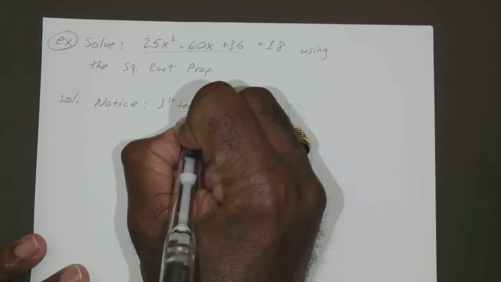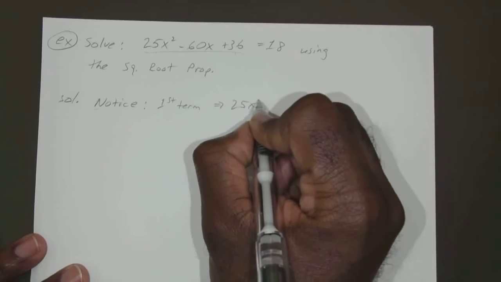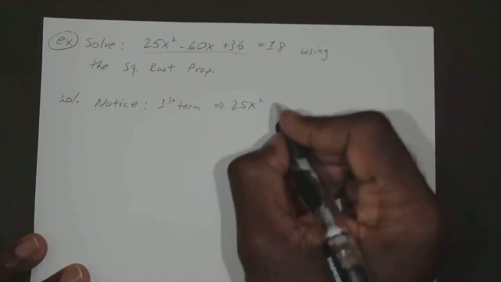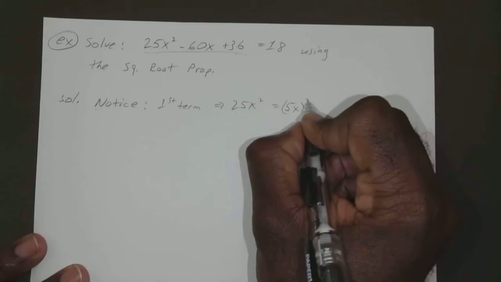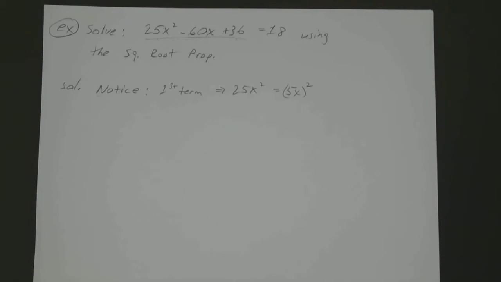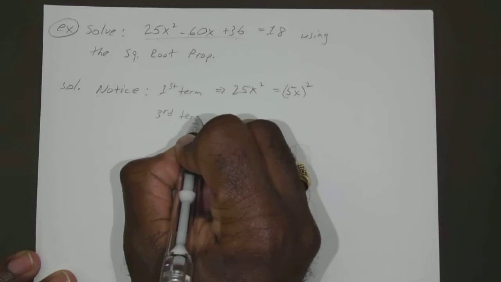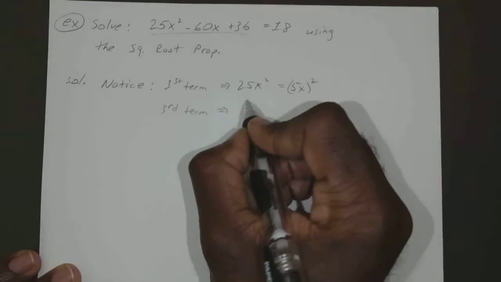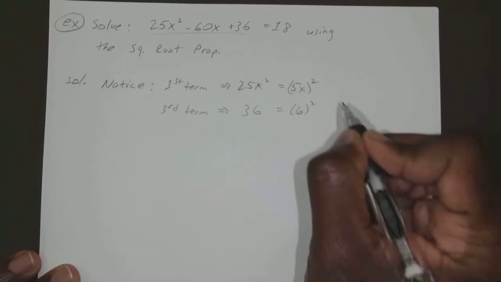For your first term, 25x squared, you can actually just make that (5x) squared. Same thing for 36. You can just make that 6 squared.